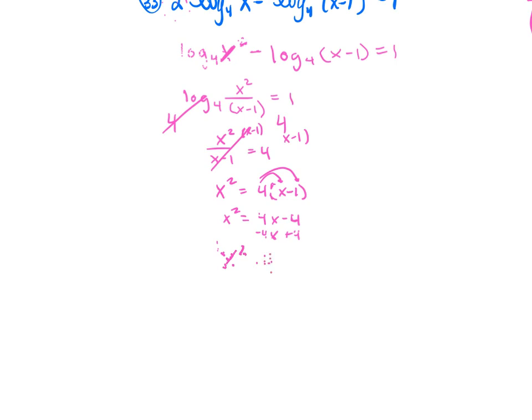Then we factor. So what do we get for our factors here? What are two factors of 4 that add to negative 4? Negative 2 and negative 2. So x minus 2 times x minus 2 is equal to 0. X is equal to 2.